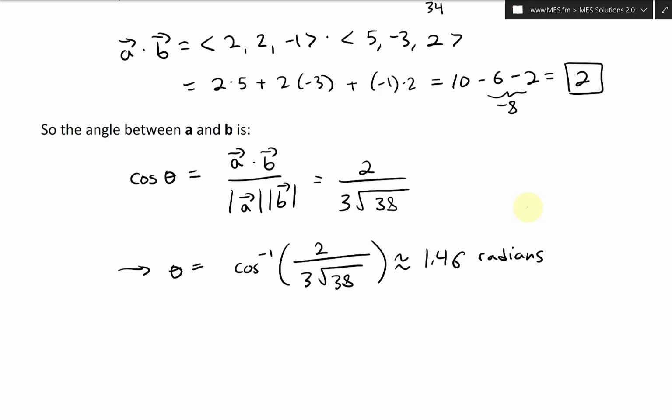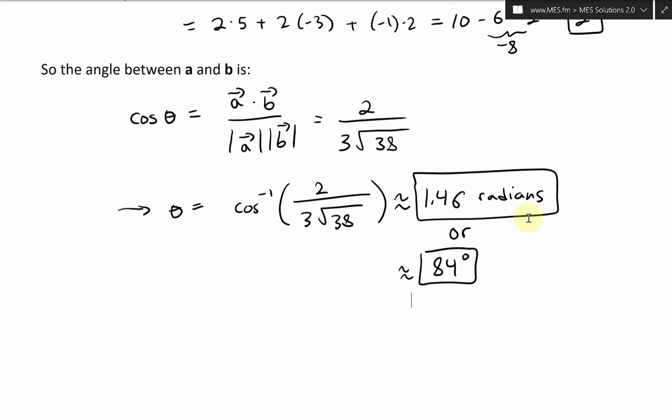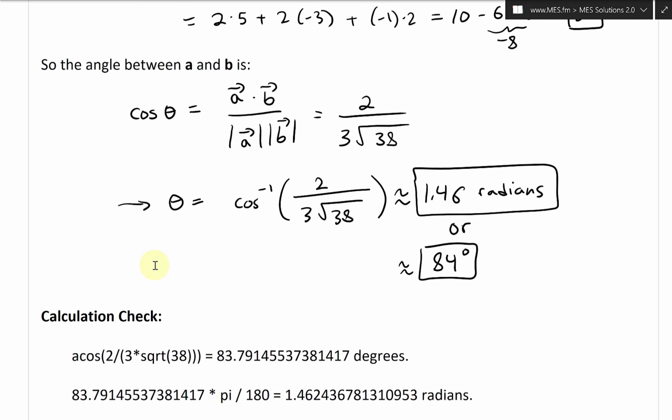I'll box this just for completeness. Or in degrees, this is going to be 84 degrees. And now let's do a quick calculation check.